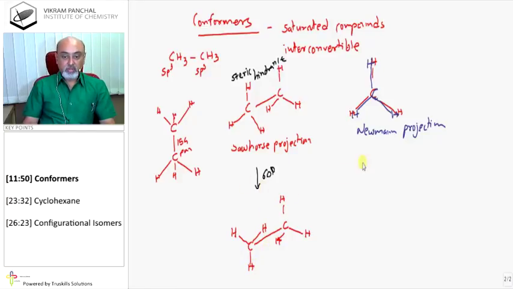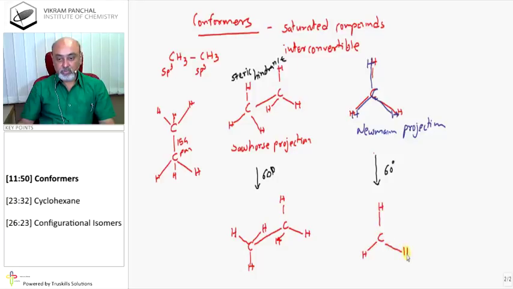Okay, here also we can give 60 degree rotation, and it looks like this. You can rotate any one of these, doesn't matter. So the second carbon is as it is, but now hydrogens are going away from this one.